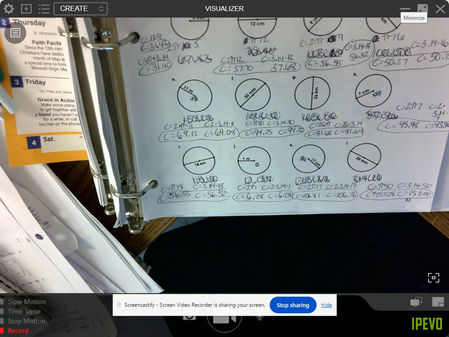Samantha, for I I got 61.2. So what did you multiply together? 18 times 3.14. So put it into your calculator again. How did you do it longhand? I used my calculator. Okay, I am guessing you punched in a number wrong, because when we're just straight up multiplying across, usually it's because somebody puts in a number wrong.